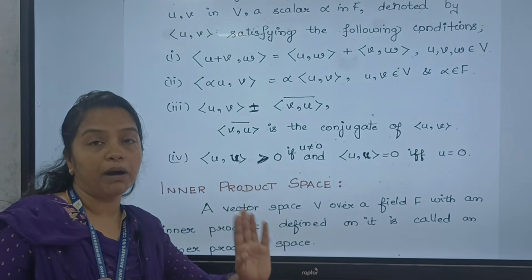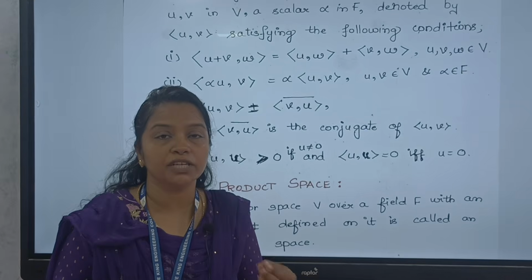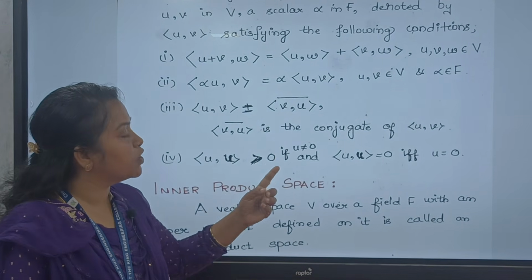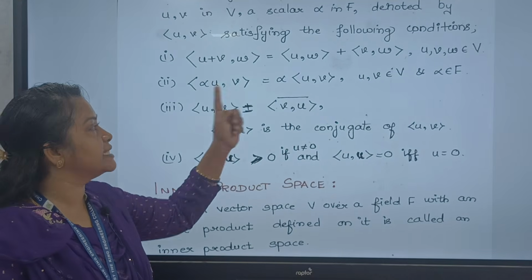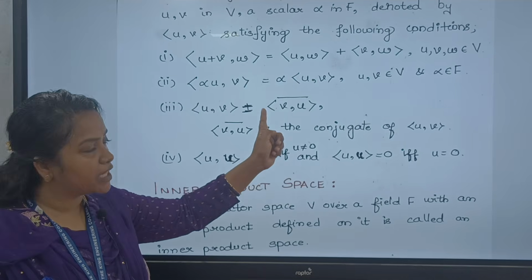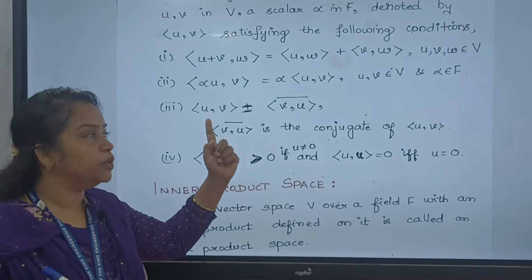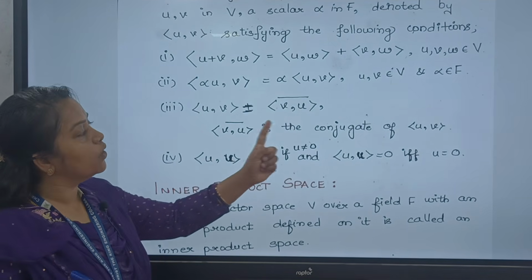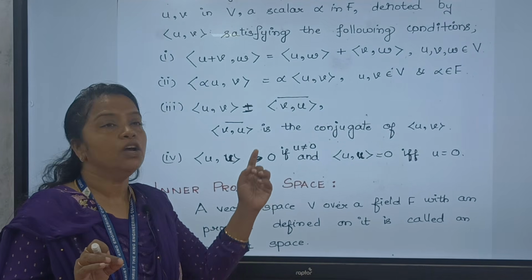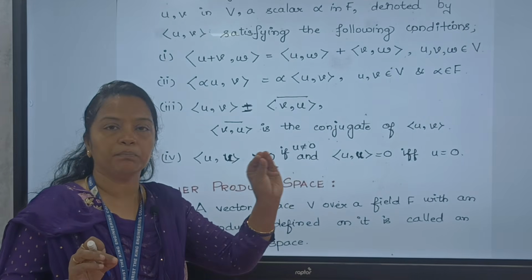The bar is nothing but the conjugate. So if we take the conjugate of v, u, we get u, v. The bar always represents the conjugate of a given product.